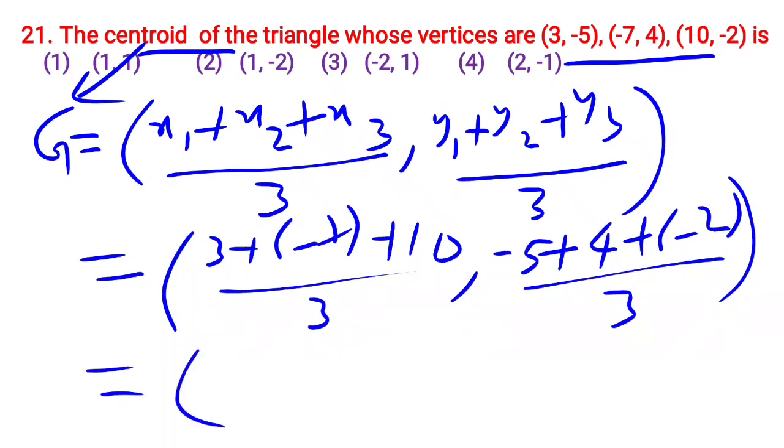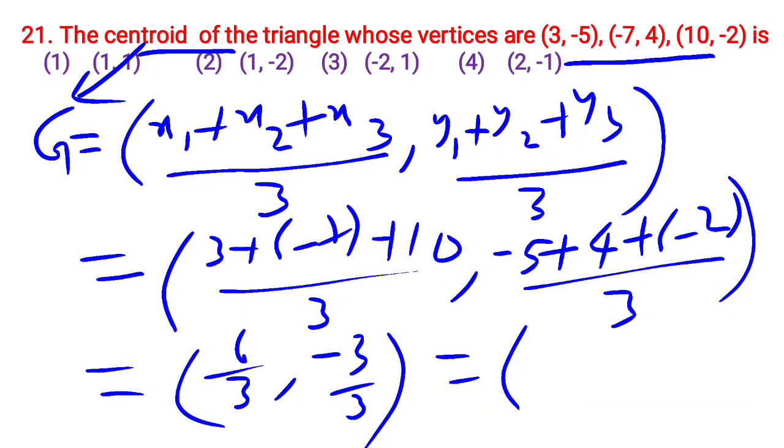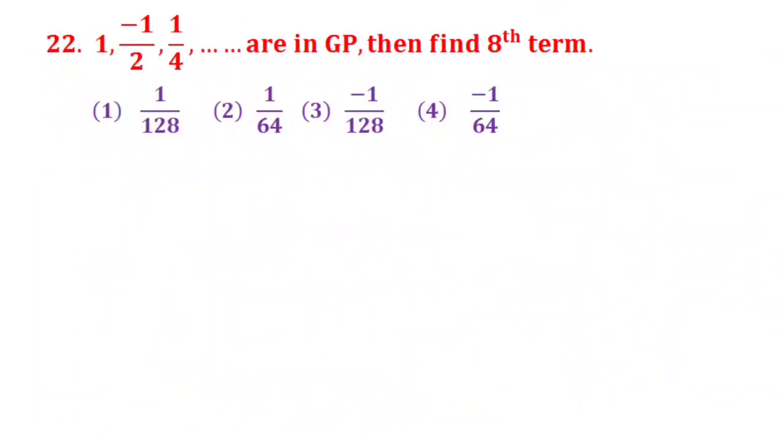So it equals 3 plus minus 7 is minus 4, plus 10 is 6, divided by 3, comma minus 5 plus 4 is minus 1, plus minus 2 is minus 3, by 3. So it is 6 by 3, answer 2, and minus 3 by 3, answer minus 1. So option 4 is correct.